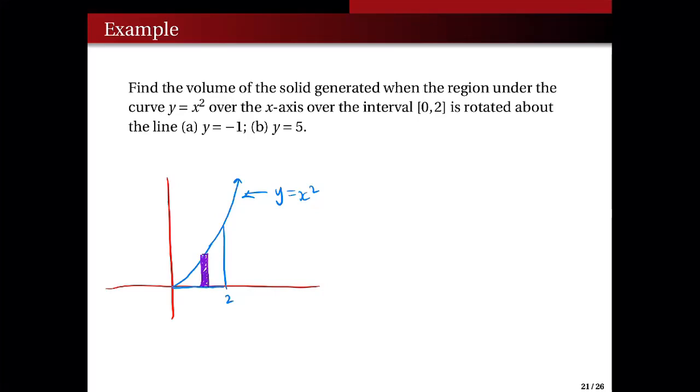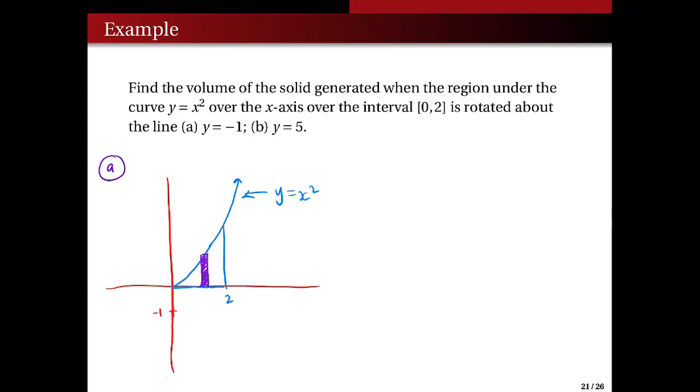Now look at this, the axis of revolution. For letter A, the axis of revolution is the line y equals -1. So suppose this is your y equals -1.